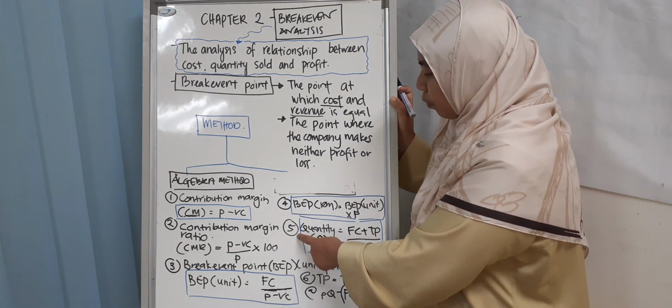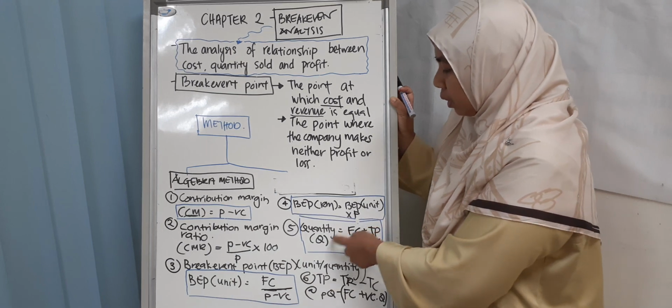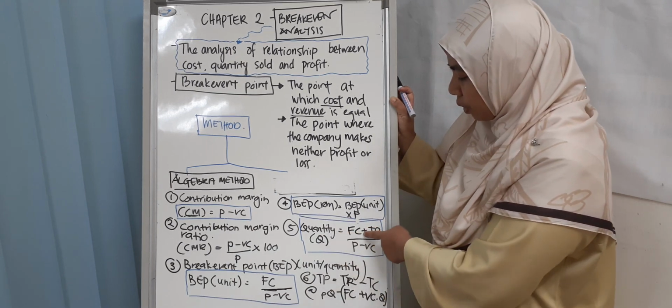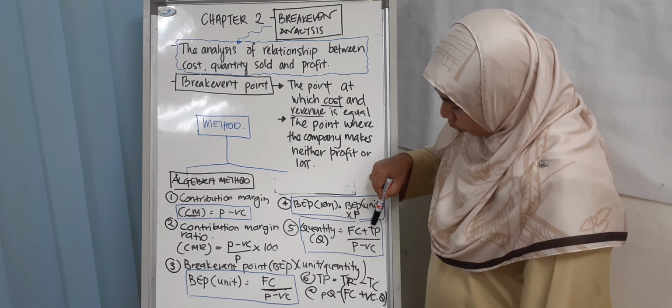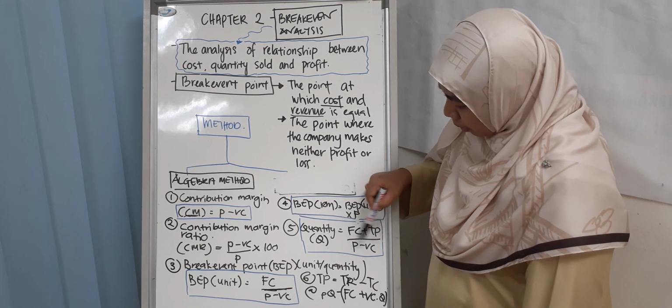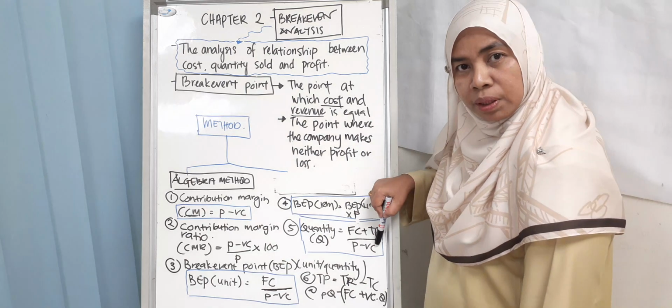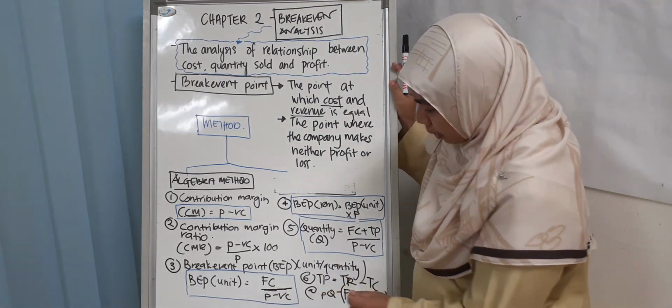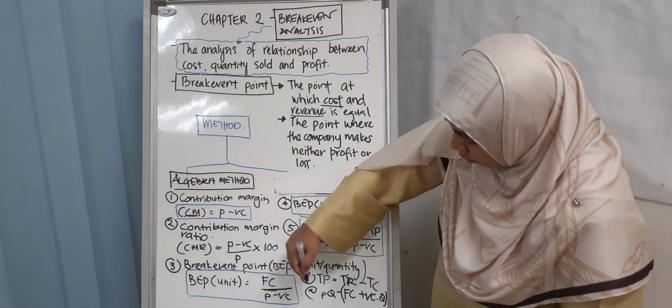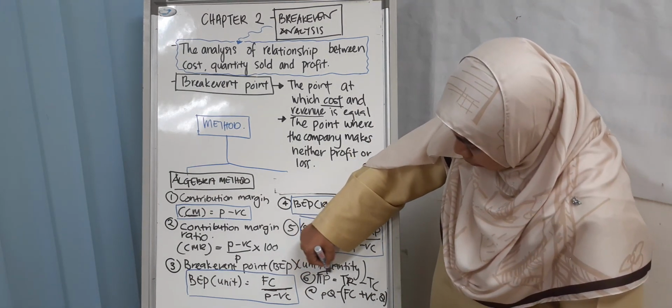Number 5, the formula for quantity Q equals fixed cost plus total profit, divided by price minus variable cost, right? Lastly, we want to identify the total profit.